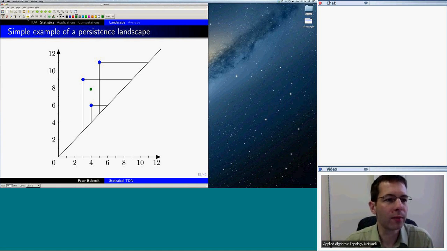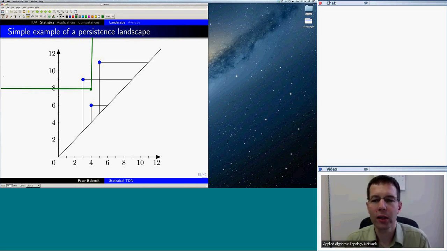And the way that we do that is look at the upper quadrant of this point and count the number of points in the persistence diagram that are within that quadrant. So here the count is 1. So the count is the same for all of this region here.